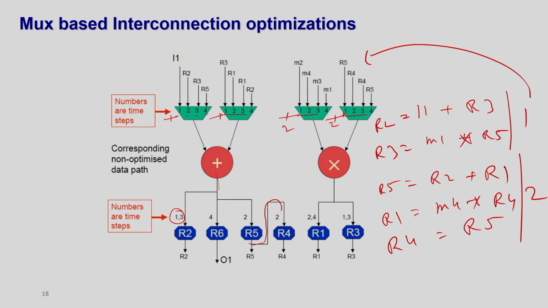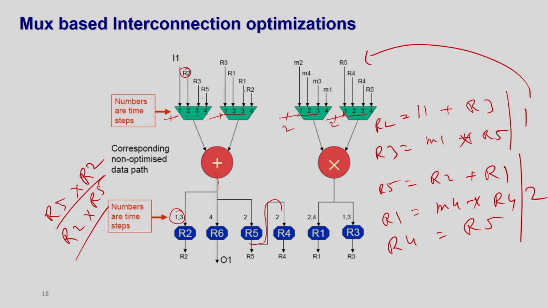Let us try to look into these inputs, right. So, you can see here R2 is already here, and here it is happening R5 into R2. If you do R5 into R2 or you do R2 into R5, both are the same, right, because it is a multiplication.